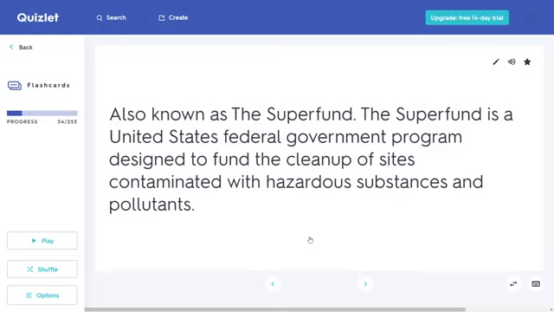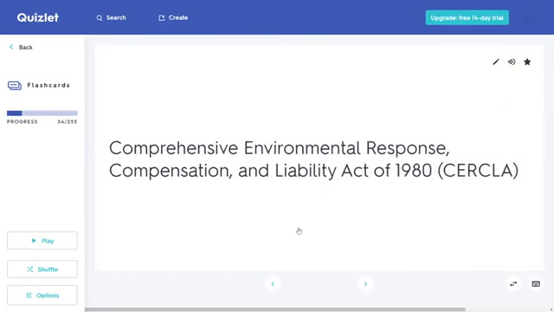This was a law, or an act, I'm sorry, in 1980, and it basically kickstarted the idea that the government should set some rules for these hazardous substances, as well as establish a fund to clean up these sites.